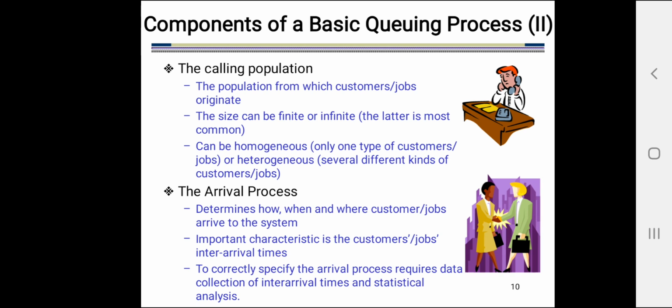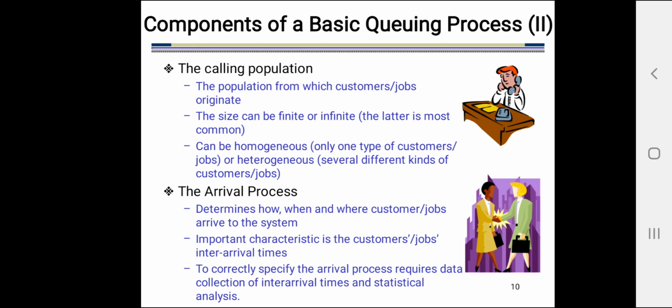Let's discuss them one by one. First, the calling population, that is the customer. The customer is the arriving unit that requires some service to be performed. A customer may be a person, machine, vehicle, part, etc. The population from which customers or jobs originate is called the calling population.